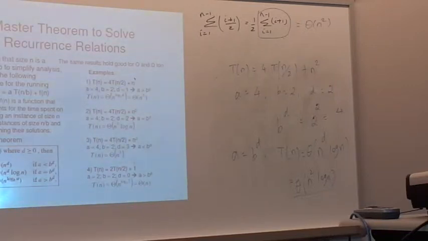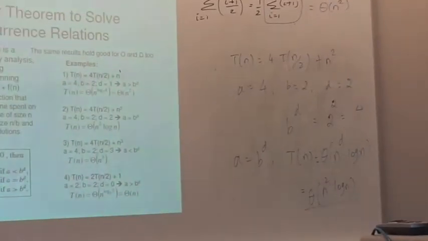Now, what's the first step to do? b raised to d, which is 8. So now compare a and b raised to d. Which is greater? b raised to d is greater. A is 4, b raised to d is 8, so the d term is dominating. So time complexity is simply T of n is n raised to d. So it is n cubed.